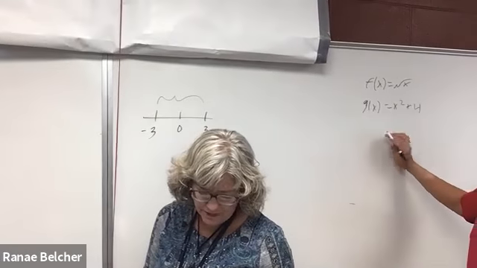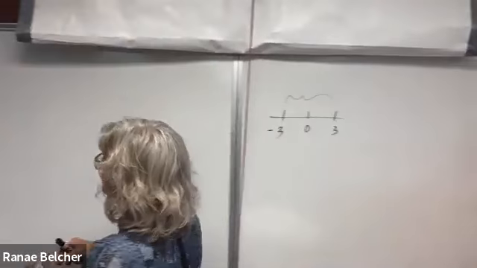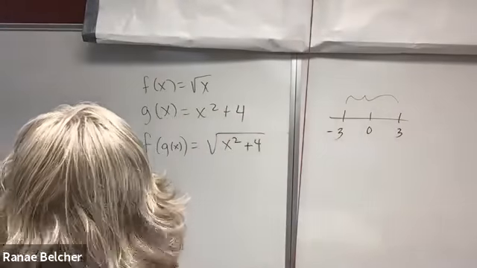Well, first let's just find f of g of x. Like that. Okay, square root of x squared plus 4.